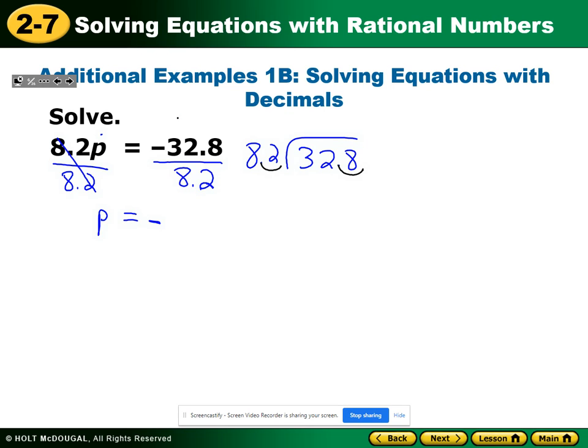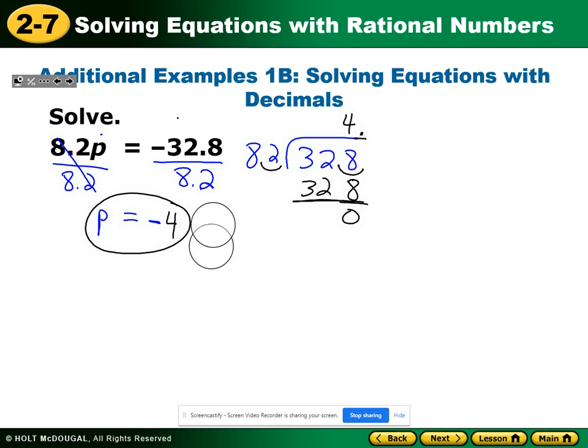Don't forget to put it up there. All right, 82 will not go into 32. 82 will go into 328 4 times. That would be 4 times 2 is 8. 4 times 8 is 32. It came out nice and even. -4 is our answer.